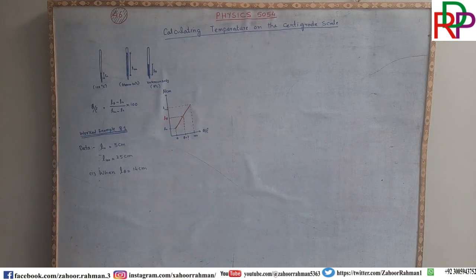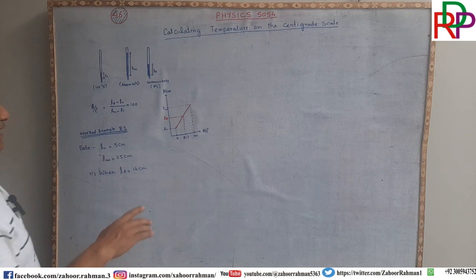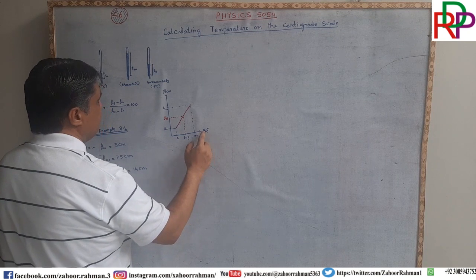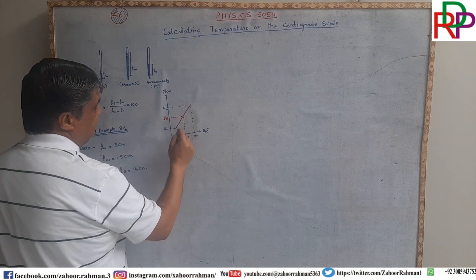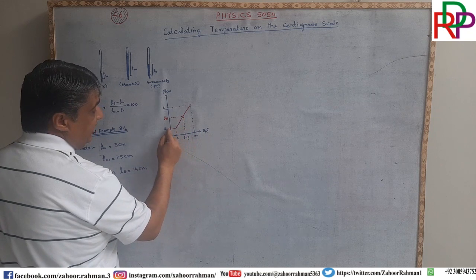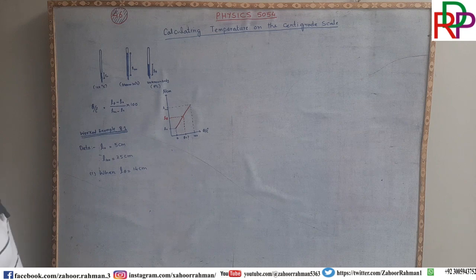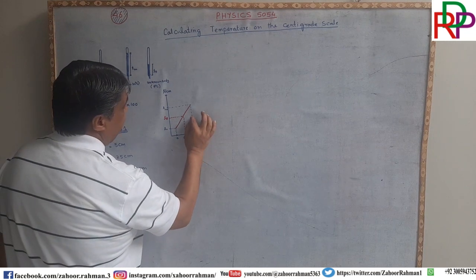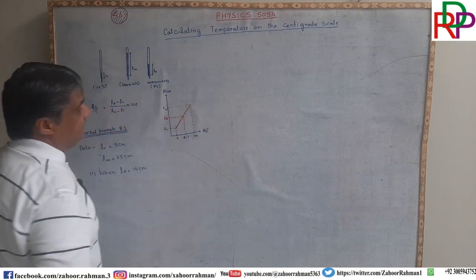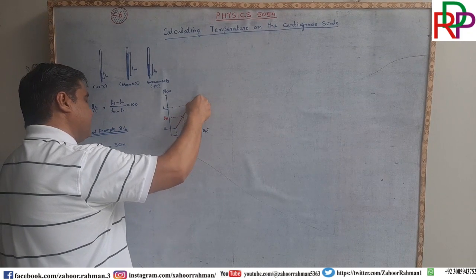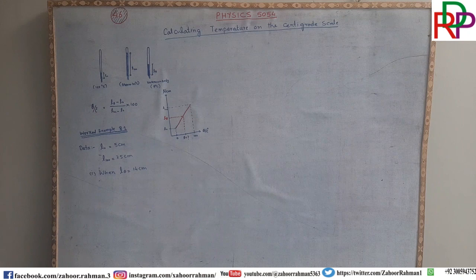That will be in centimeter, not meter, not millimeter, and that will be in degree Celsius. Now you don't have to consider this line. From 0 and L naught we will mark a point, and where the 100 and L100 intersect each other, we will mark that point as well.